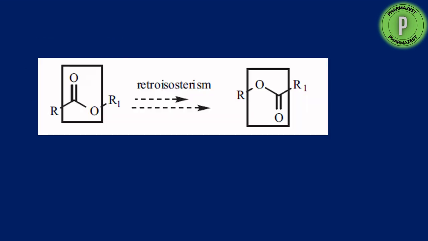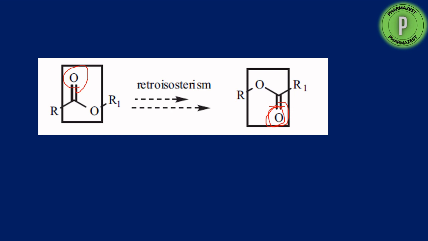Here you can see this carbonyl oxygen is present above. When you use the retroisosterism concept, the functional group gets inversed. The carbonyl group which is present above has been reversed. So this is known as retroisosterism.